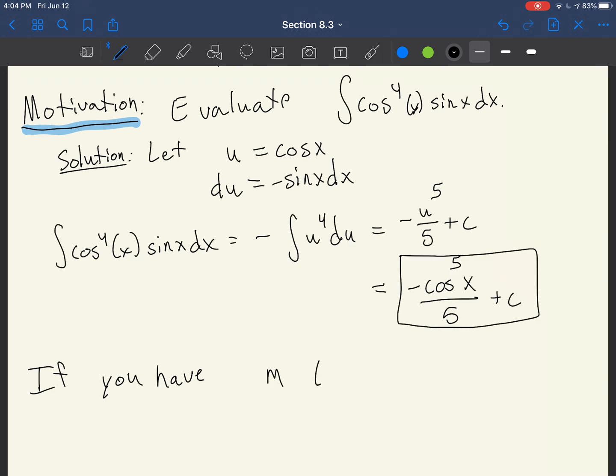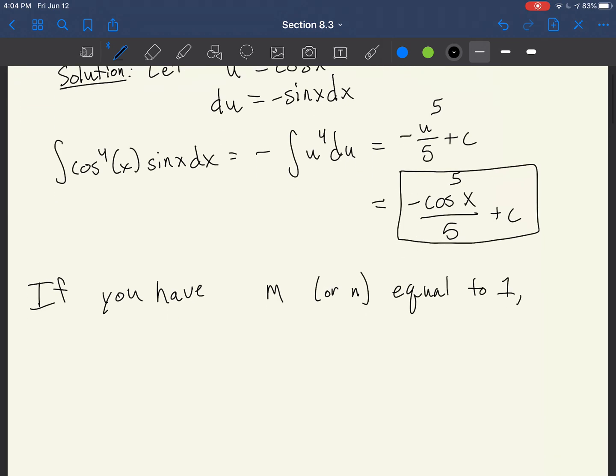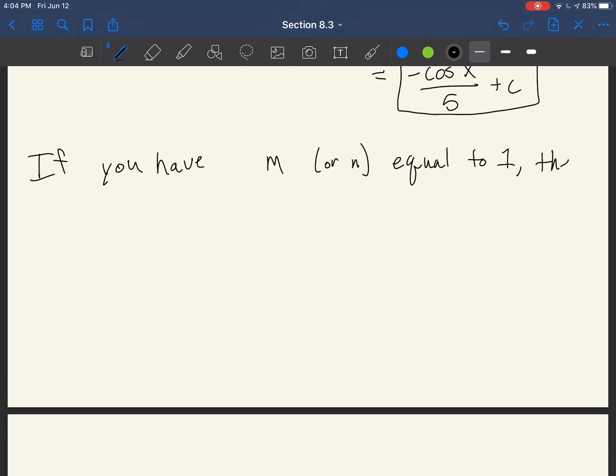If you have m or n, everything I'm going to say about m you can also do with n, equal to 1, then you can do a simple u-substitution to solve these integrals.